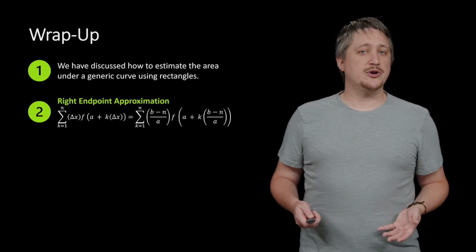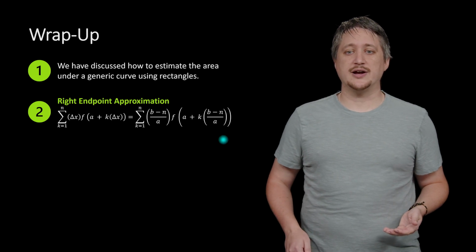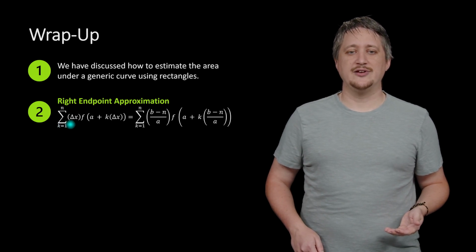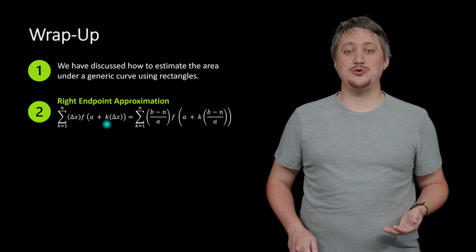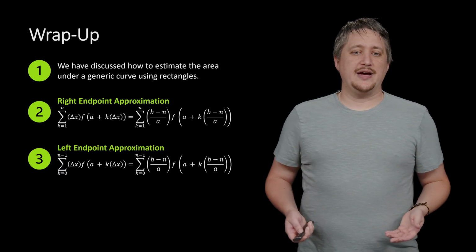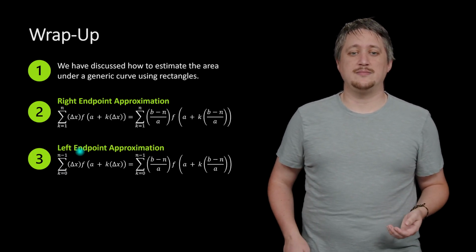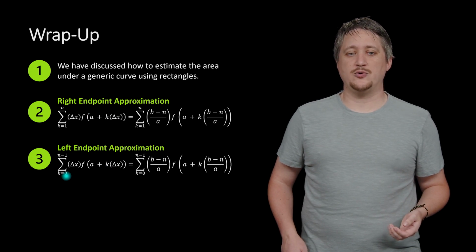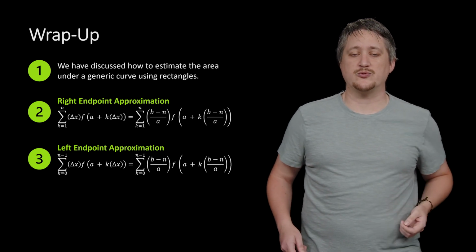We had the right endpoint approximation, which is this formula that we eventually got here, which is the width times f of the starting place times how many widths you move over, where we start with 1 width over. We had the left endpoint approximation, same deal. In fact, the exact same formula all around, only now we're going from k equals 0 to n minus 1 because we don't want to move that first width over for the first one.